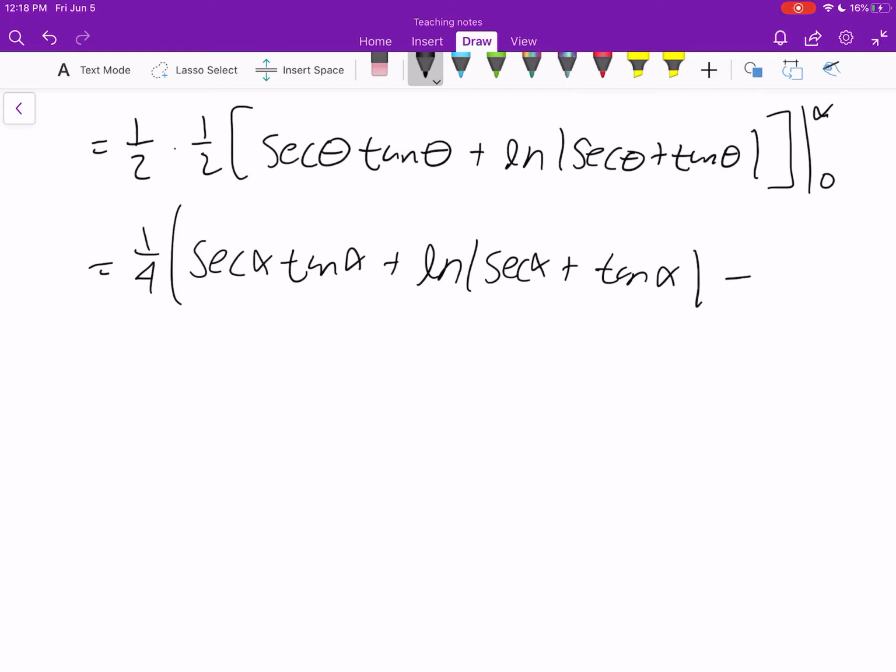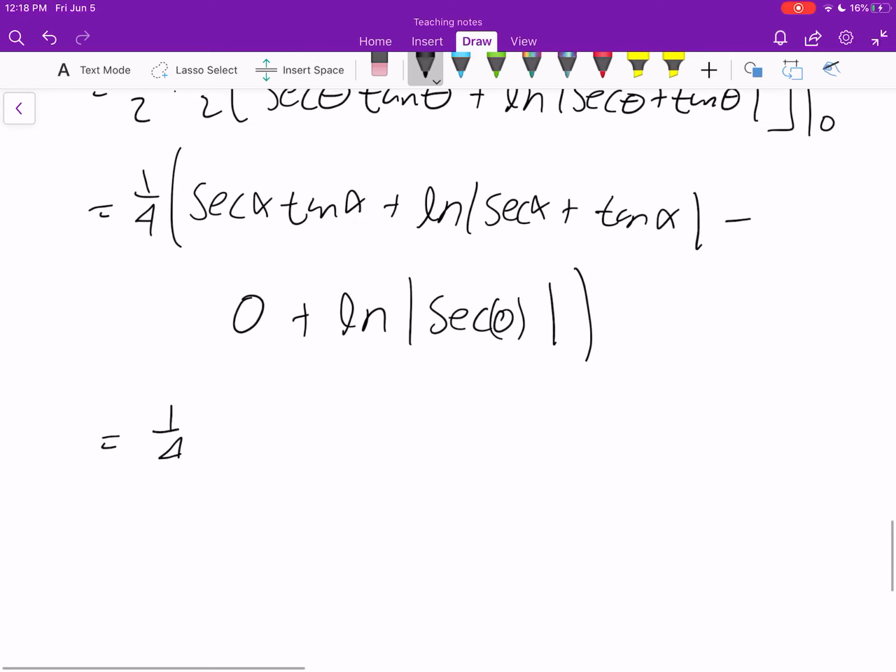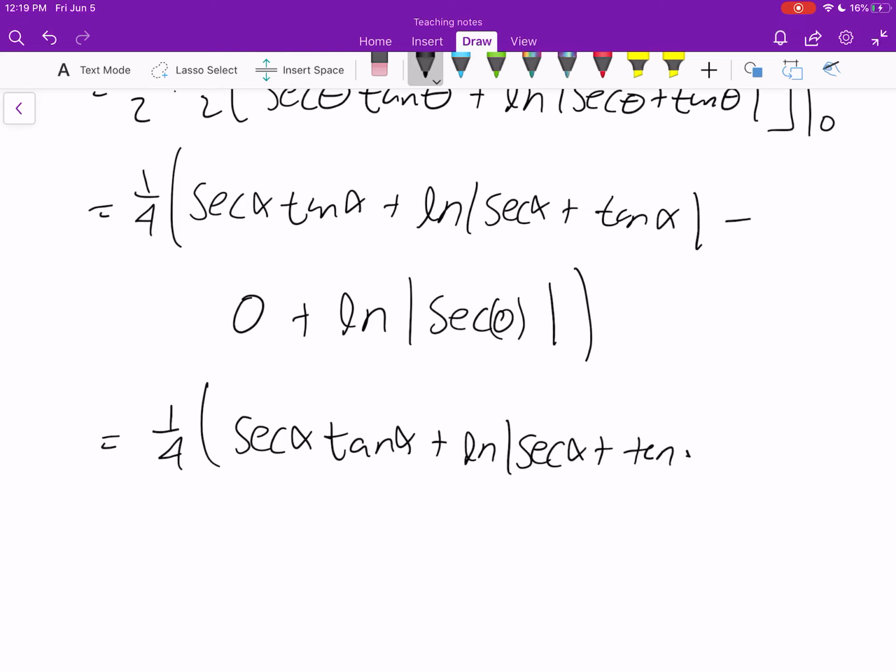When I plug in 0, tangent of 0 is 0, so the first term is 0, plus the natural log of the absolute value of secant of 0 plus tangent of 0, and tangent of 0 is 0 again. So this is 1/4 secant alpha tangent alpha plus ln of the absolute value of secant alpha plus tangent alpha.